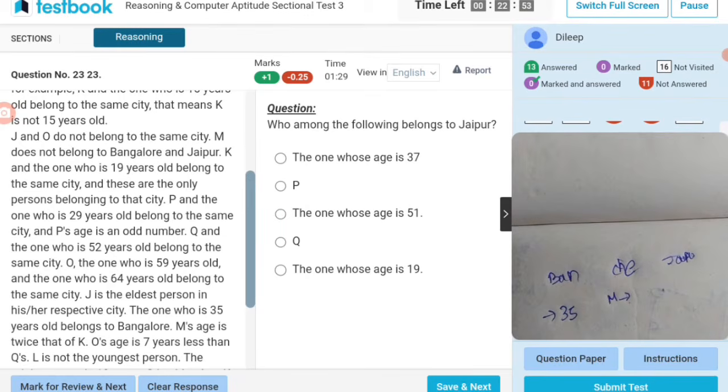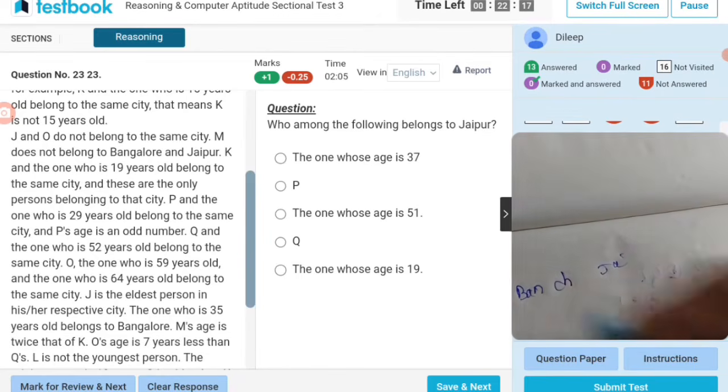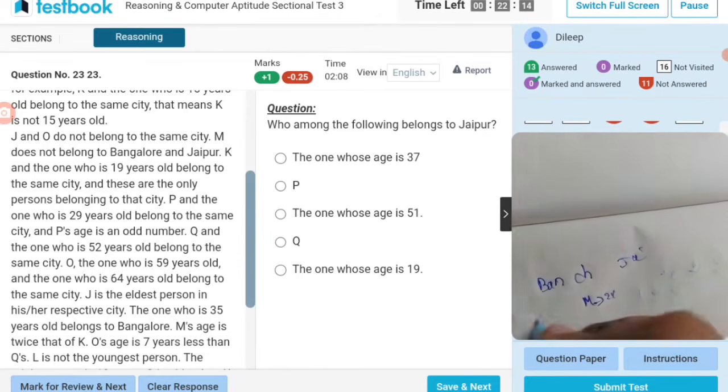M is twice of K. K and the one who is 19 age. So Bangalore, Chennai, Jaipur. So M, 35.